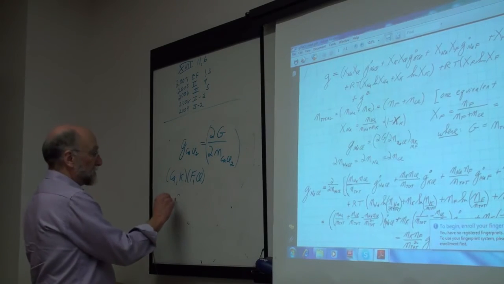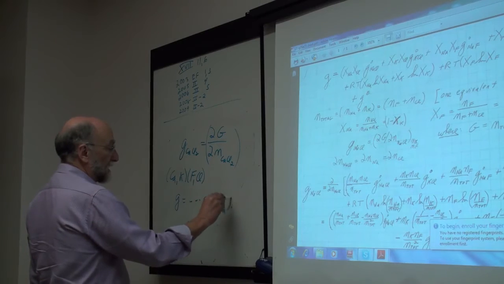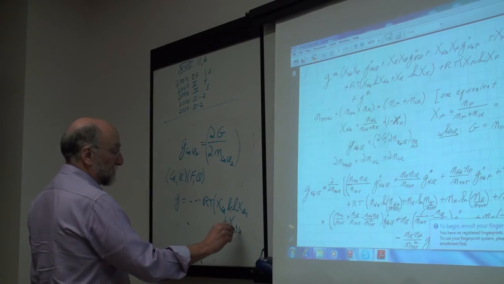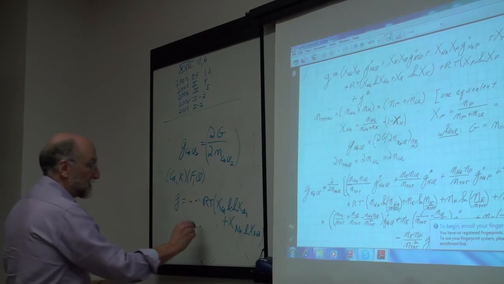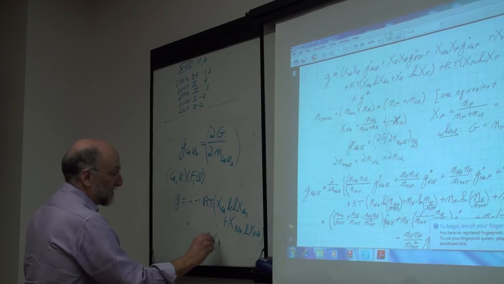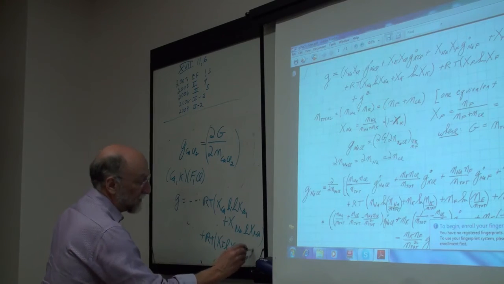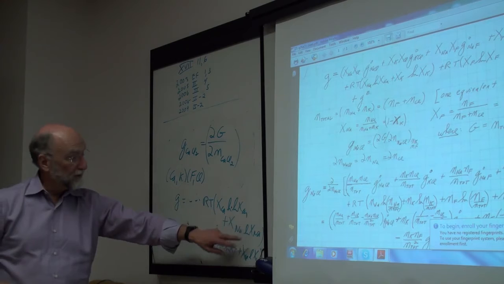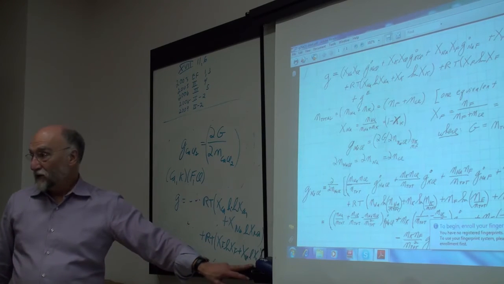Your entropy expression is going to be RT X calcium log X calcium plus X sodium log X sodium for mixing the calcium and sodium on its sites, and you're going to have RT X fluorine log X fluorine plus X chlorine log X chlorine on its sites. You're mixing calcium and sodium on their sites, you're mixing fluorine and chlorine on their sites.